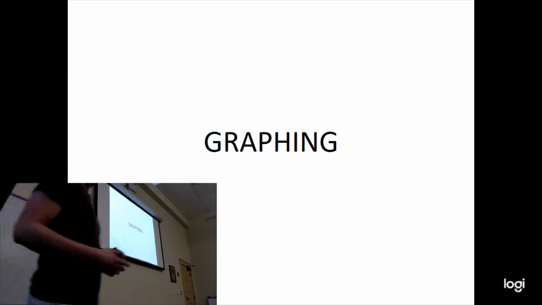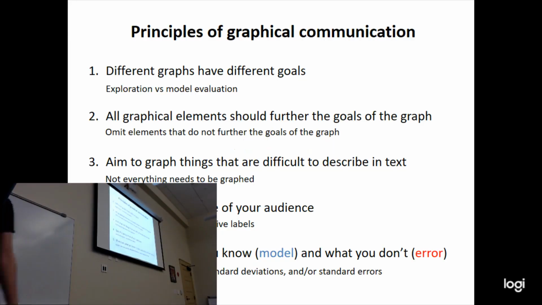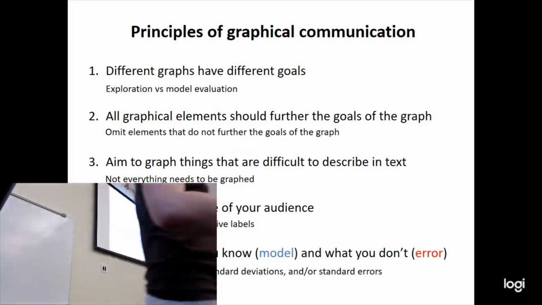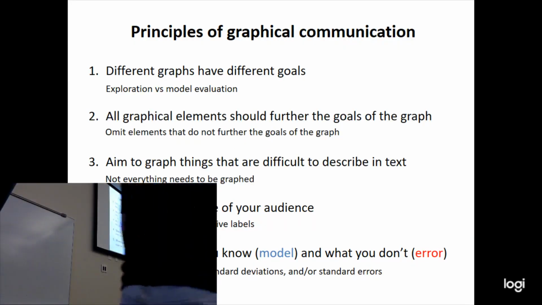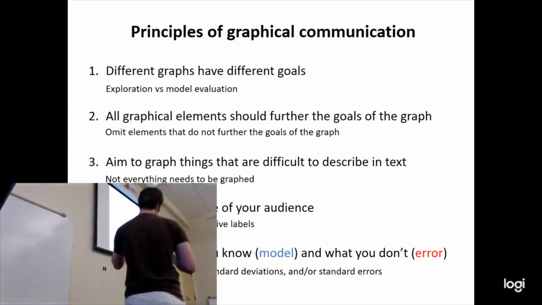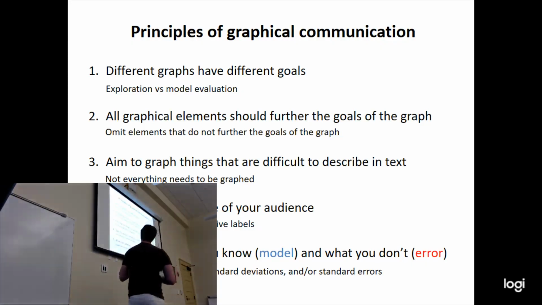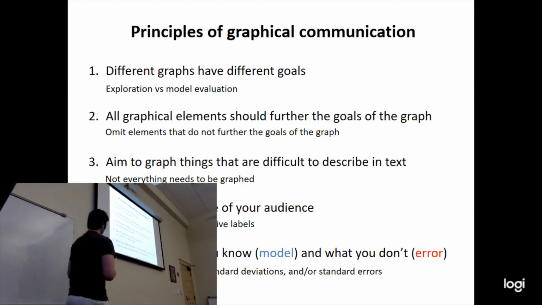All right. Let's talk explicitly about graphing and writing about these models. Way back when I first introduced the principles of good graphing, I gave you these principles. Different graphs have different goals. Everything that you put on the graph should further that goal.